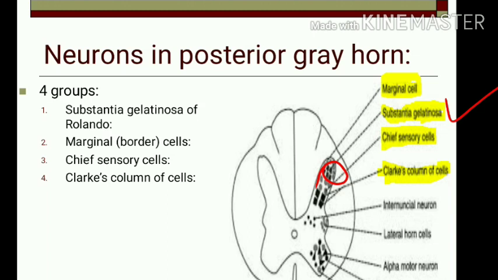Posterior to this substantia gelatinosa, you have the marginal cells. They cover the substantia gelatinosa. Third, the chief sensory cells. These are situated in the remaining part of the dorsal horn. Fourth, the Clarke's column cells. They occupy the inner part of the dorsal horn.